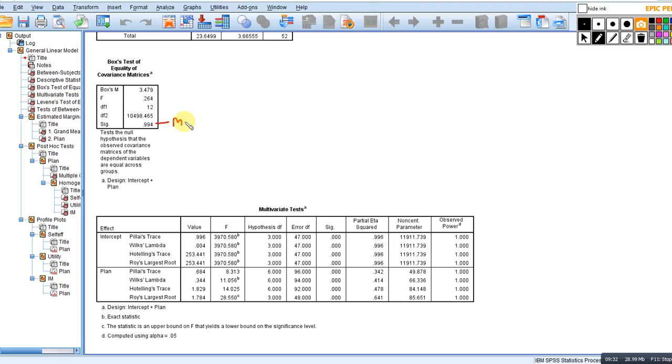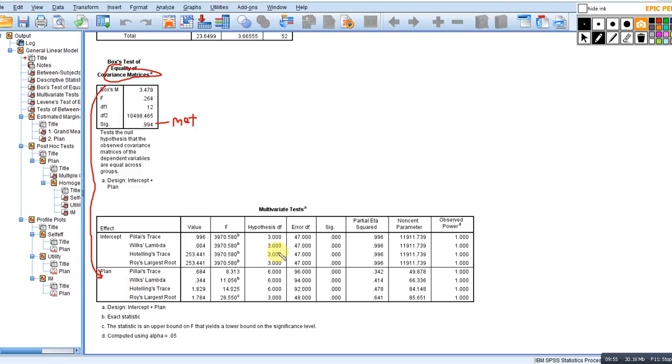Now keep in mind, why do we care? Because the assumption of equality of covariance matrices is a precondition for the interpretation of our multivariate tests. And if our assumption is not met, then it calls into question our multivariate results.